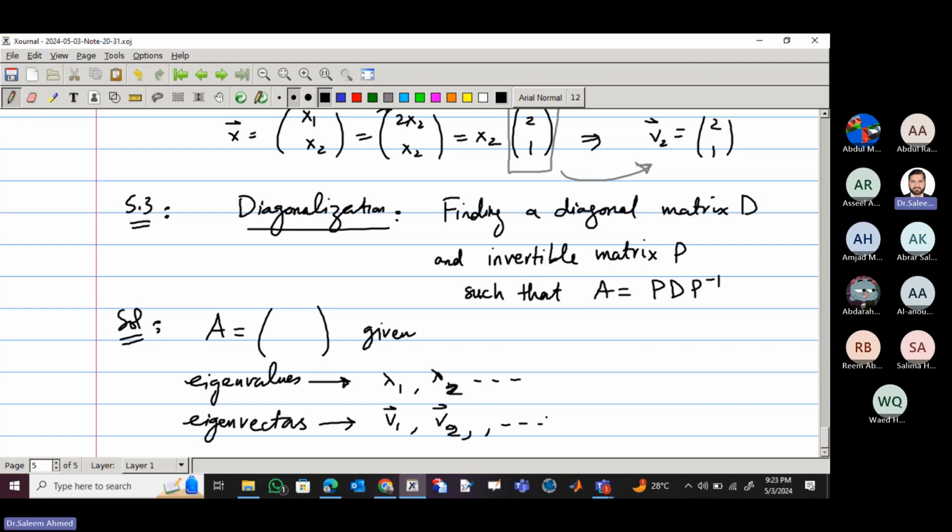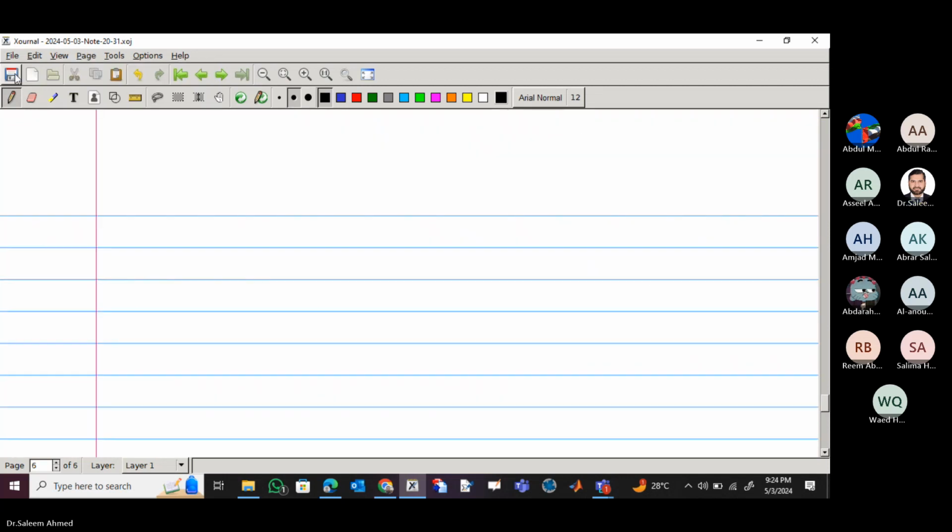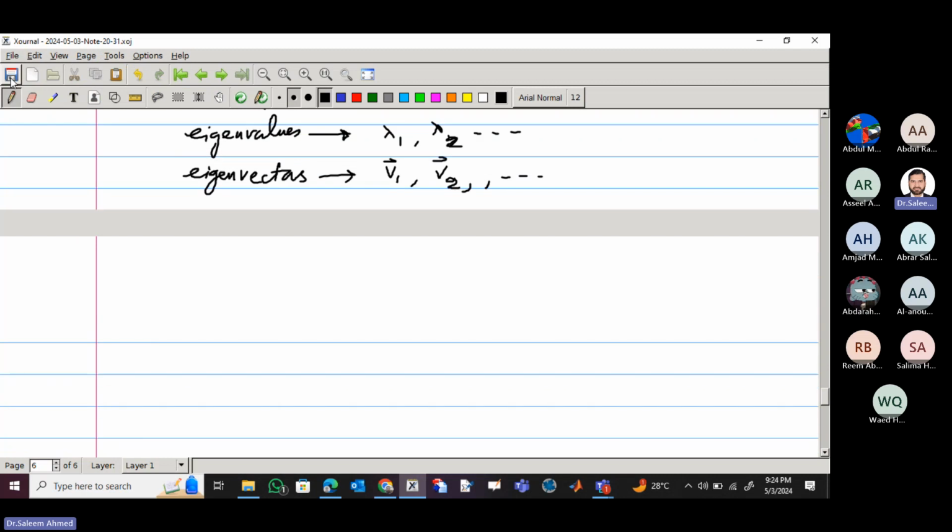And then we just write matrix D. Then your diagonal matrix D is writing lambda 1, lambda 2 on the diagonal. Everything else is 0.